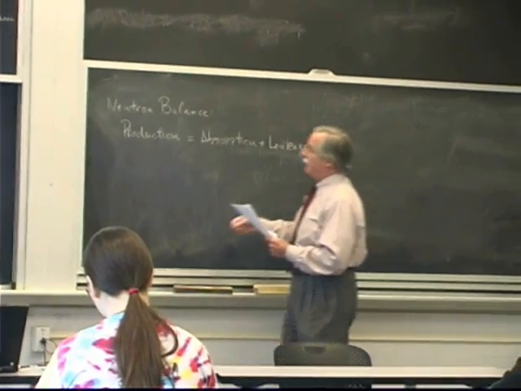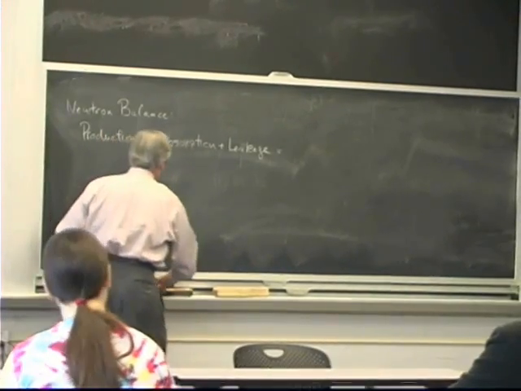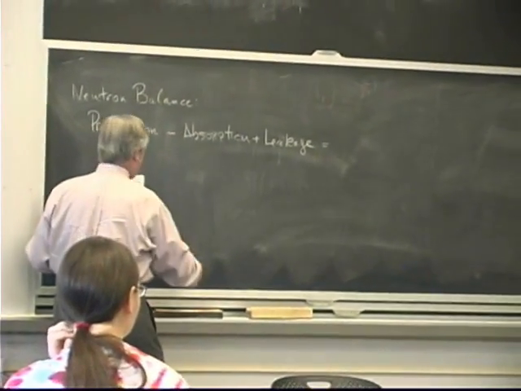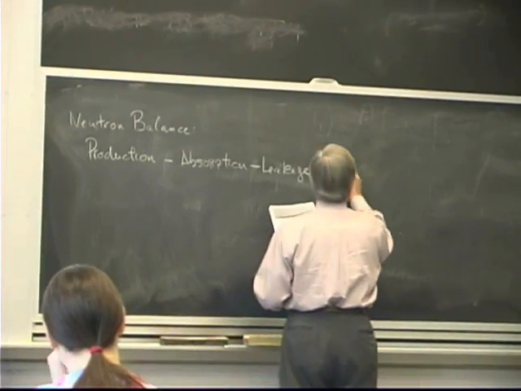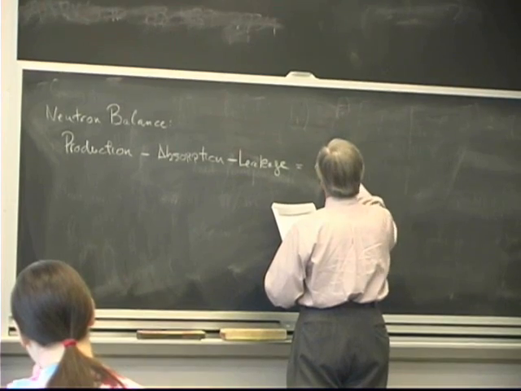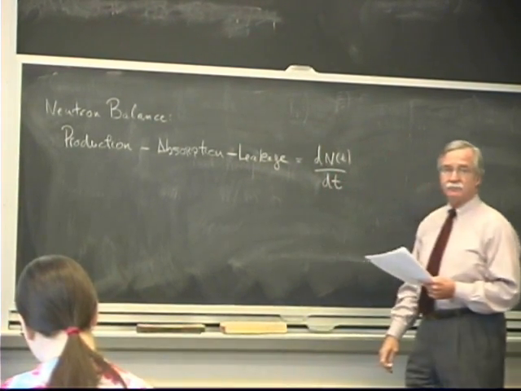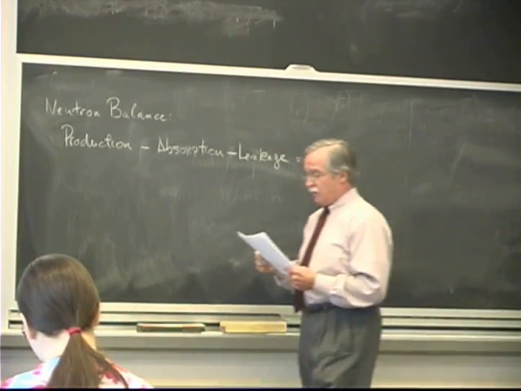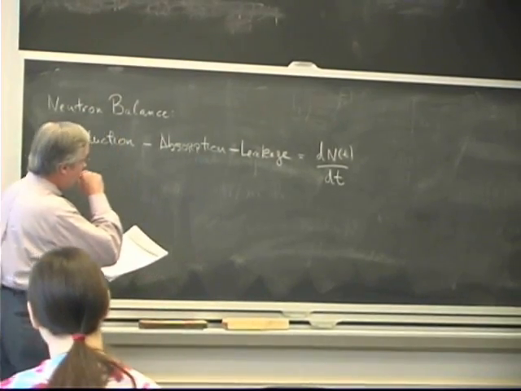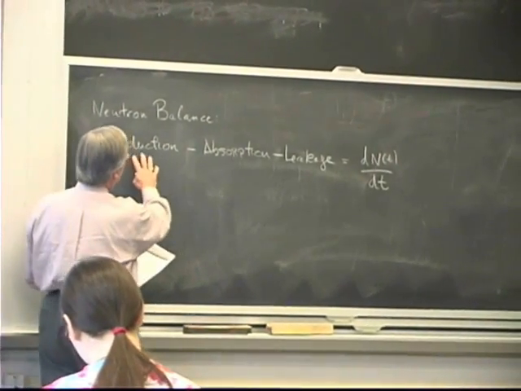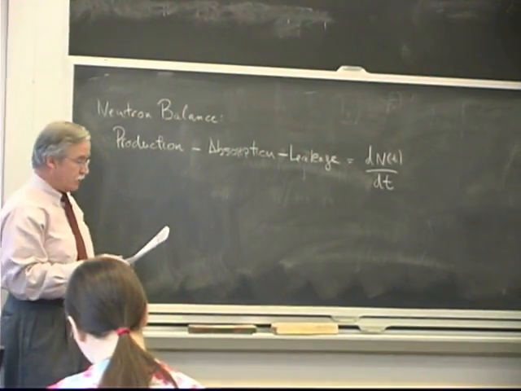Unfortunately, in the time-dependent world, we have a time dependence, which, if you put a minus sign here and a minus sign here, gives you a measure of the neutron population as a function of time. This is the equation that we need to solve, and we understand that if production does not balance absorption and leakage, we have a change in the neutron population.